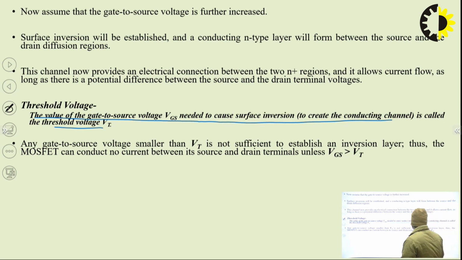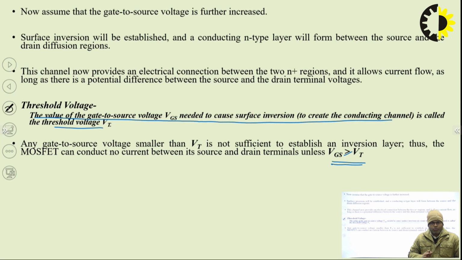Without VGS greater than VT, MOSFET cannot conduct. To conduct the transistor, we have to create surface inversion. To create the surface inversion, we have to apply VGS greater than or equal to VT, either greater or equal. So, again I am repeating, the value of gate to source voltage for the n-channel MOSFET is positive.